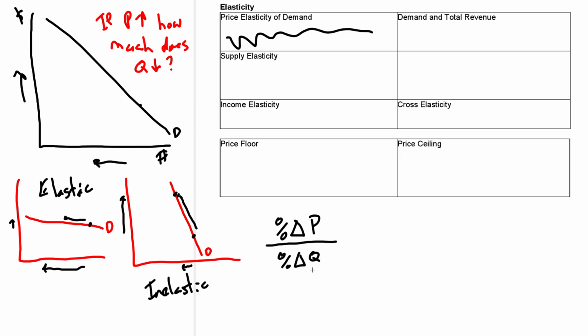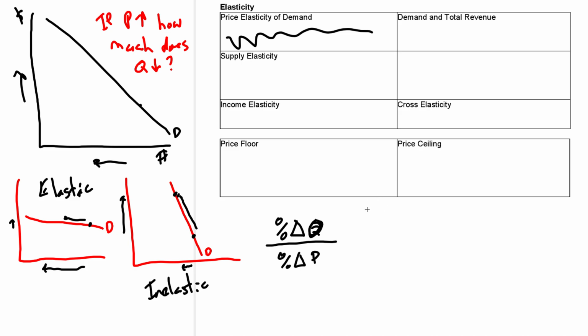Oh, sorry, actually it's the other way around. I've got these backwards. It's percent change in quantity over the percent change in price. If it's elastic, it's greater than 1.